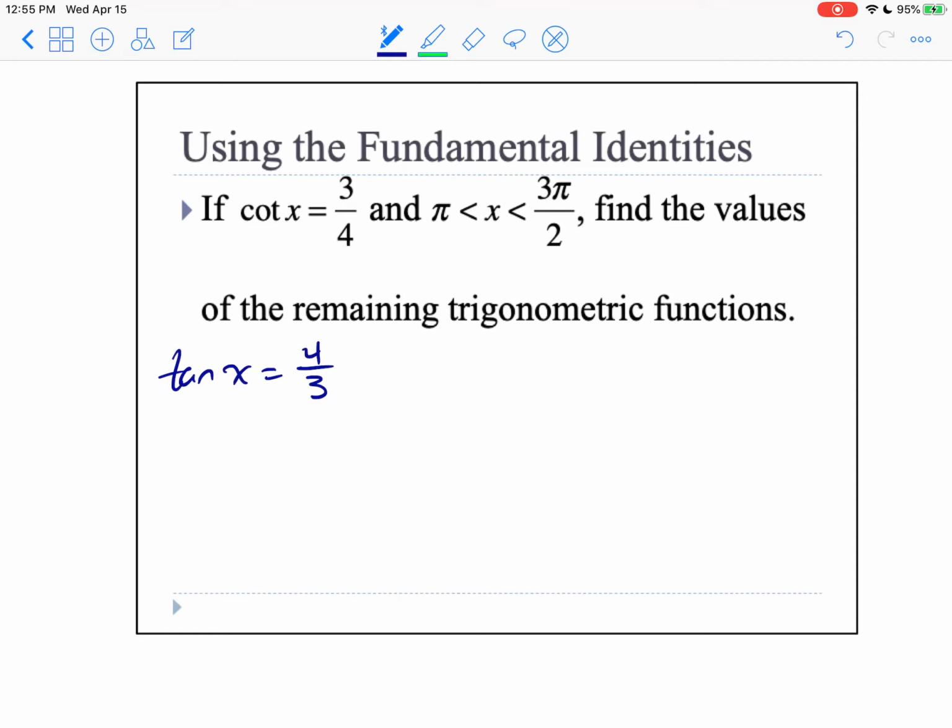I don't need to do any work for that one. Okay. But I don't know that this is a unit circle, so I can't say that sine of x and cosine of x are 3 and 4 respectively, because I don't know that they're unit circles.